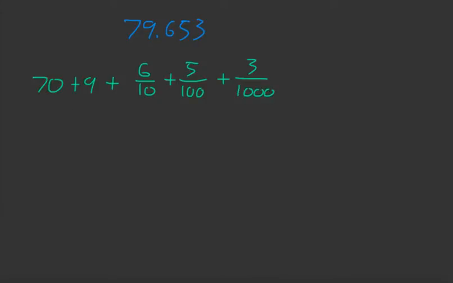Well, just like we've seen in earlier mixed number problems, when we have a mixed number, we want to write out the integer part first. Well, this is the integer part, so that's 79, okay?